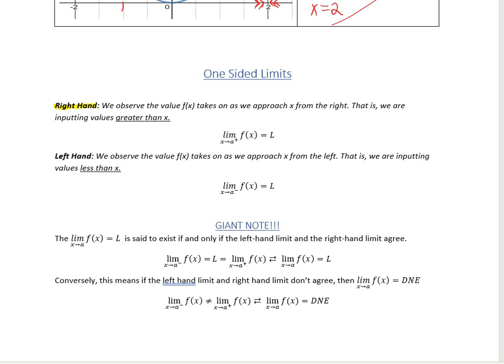What that means is that we're taking x values that are greater than a, and to denote that those values are a little bit greater than a, we put a little plus sign there. Now if we're approaching from the left-hand side, then we're plugging x values from the left. That means that we're taking values that are less than a. And to denote that, we put a little negative in the exponent.